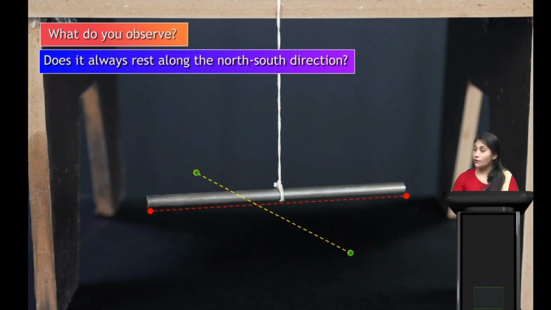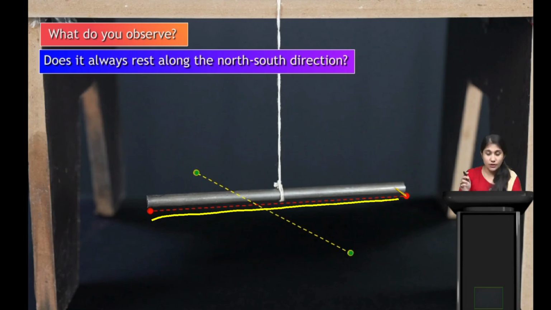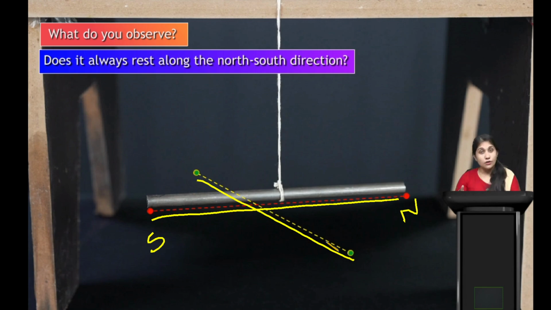What do you observe from this activity? Does it always rest along the north south direction? See, this red dotted line we can say is the north south direction. Now children, can you tell this direction as the north south direction?